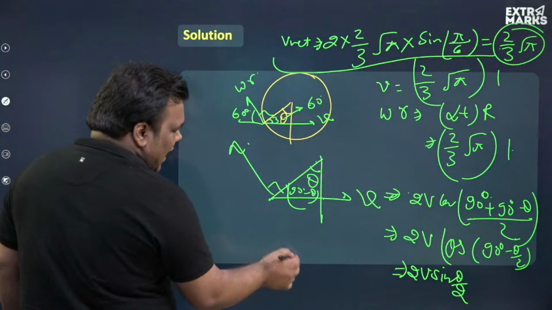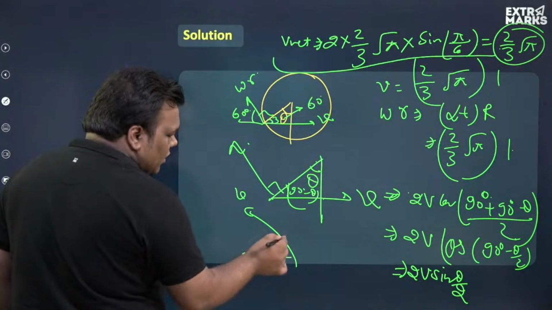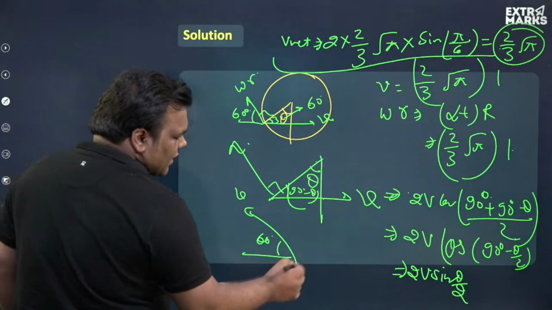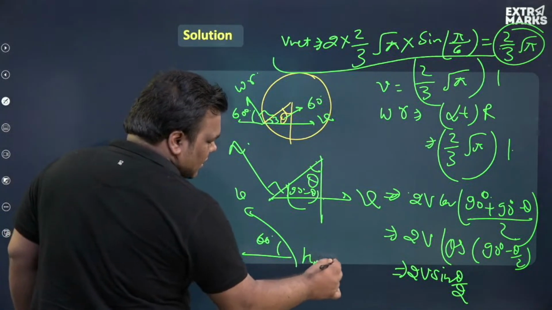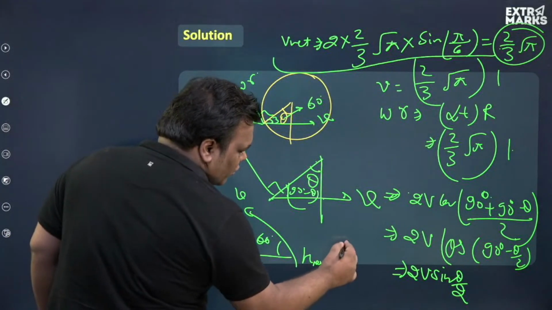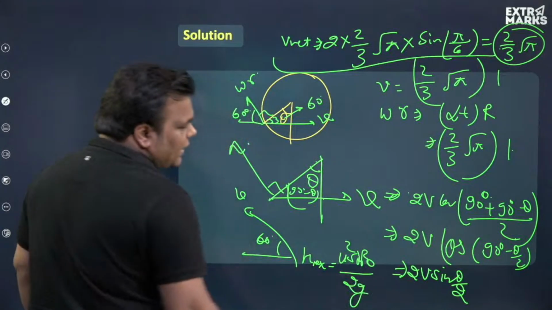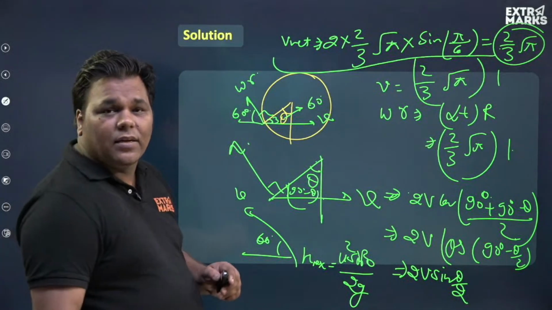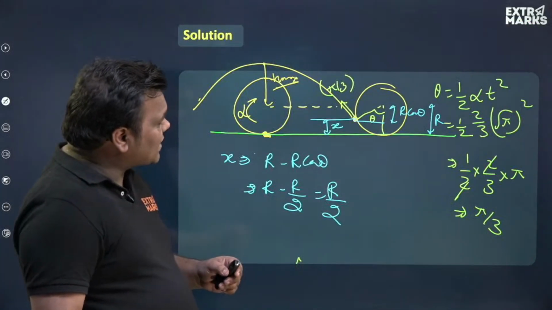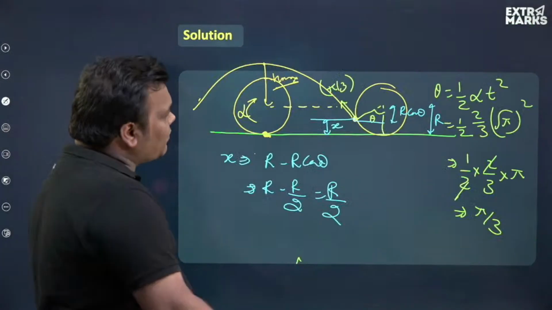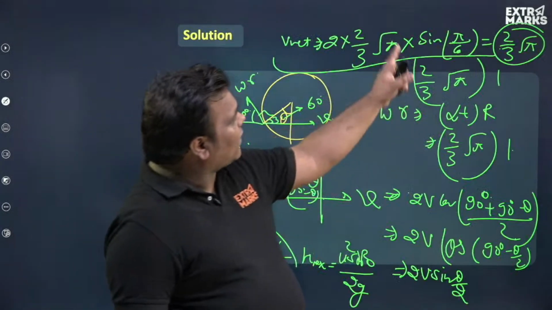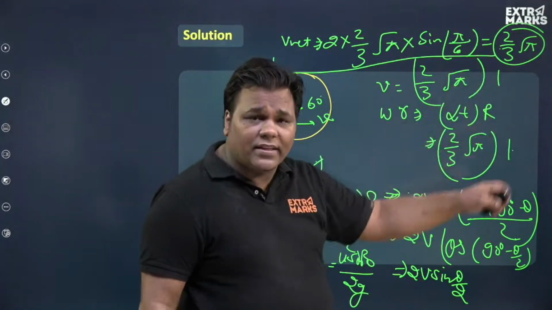So for a projectile, I know the velocity and I know the angle of projection. What is the maximum height? Maximum height is u square sin square theta by 2g. That is the maximum height of the projectile. I am just calculating it. We know that the velocity is 2 by 3 root pi.